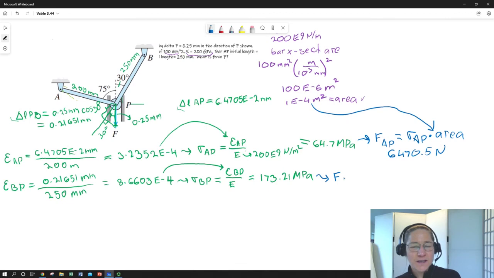So force in the rod BP is stress in the rod BP, which we just calculated from strain and tensile modulus, times that same cross-sectional area. They both have the same cross-sectional area. So from that we get 17,320.6 newtons.